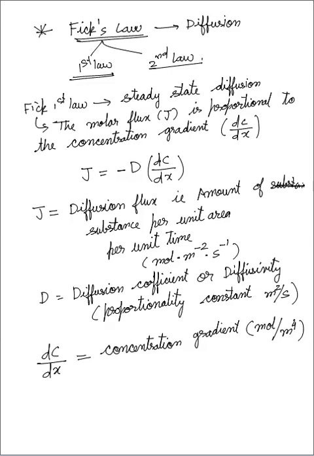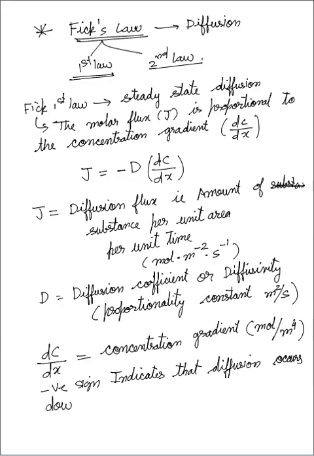Okay. So now you can see there is a minus sign. So what does it indicate? The negative sign indicates that diffusion occurs down the concentration gradient.